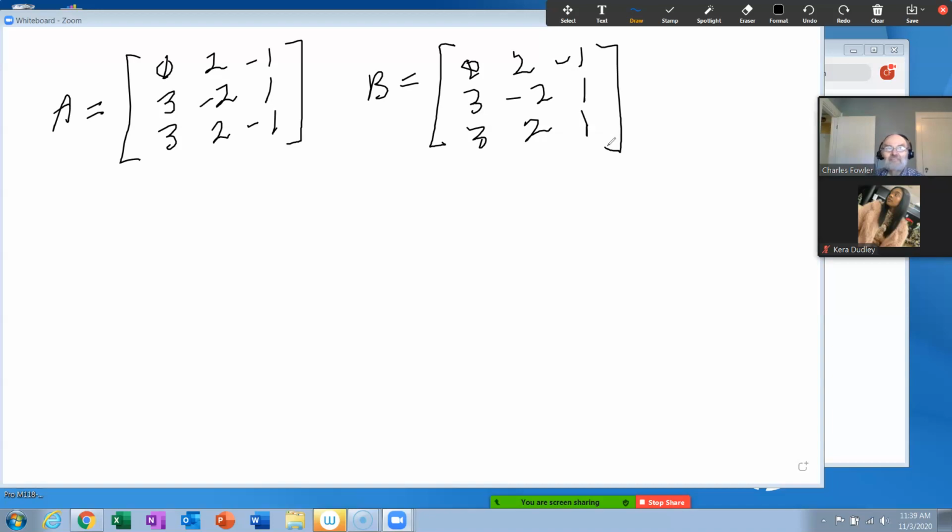Now, if you remember, one of the qualifiers of whether something has an inverse or not is if two rows were multiples of each other, then you know that matrix does not have an inverse.